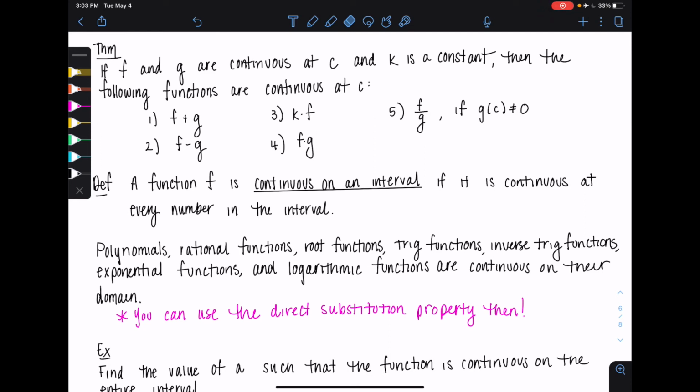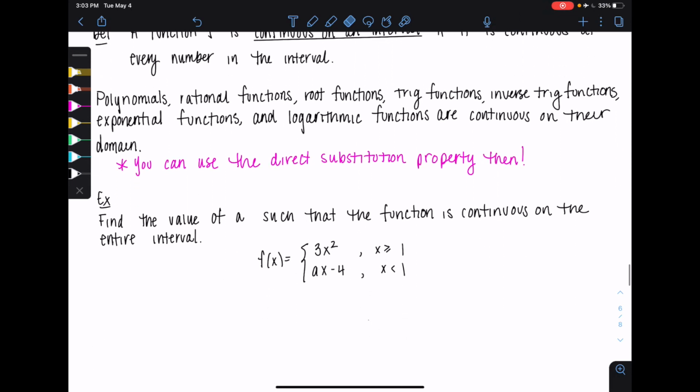This is why you spent so much time going through how to find domains between intermediate algebra, college algebra, pre-calculus, trigonometry. We hound that into you because you need that property to be able to do direct substitution, okay? We want continuity for functions. It's definitely much nicer.